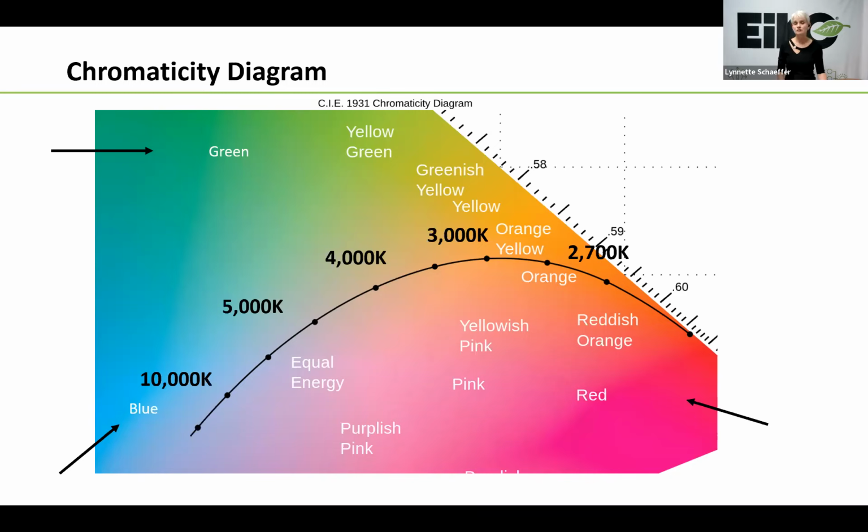Some people may even refer to this as daylight. Sources that are 4000 K are usually referred to as cool white. So as a recap, you have warm white, usually around 2700 to 3000 K, cool white, usually around 4000 K, and then daylight, usually above 5000 K.